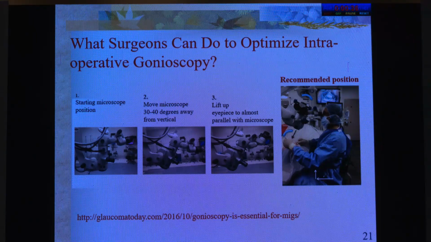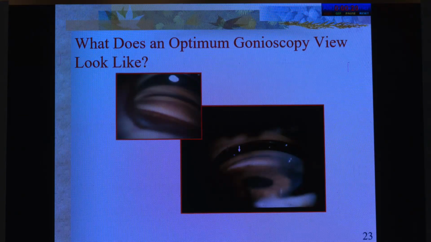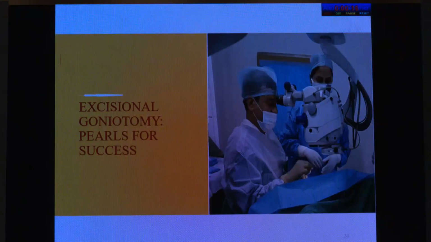They say that this tilting of the headpiece is not required. They are going to launch it next year. You have to ensure three perpendicular planes: your microscope, iris and goniotomy device should be perpendicular. How should an optimal gonioscopic view look like this?